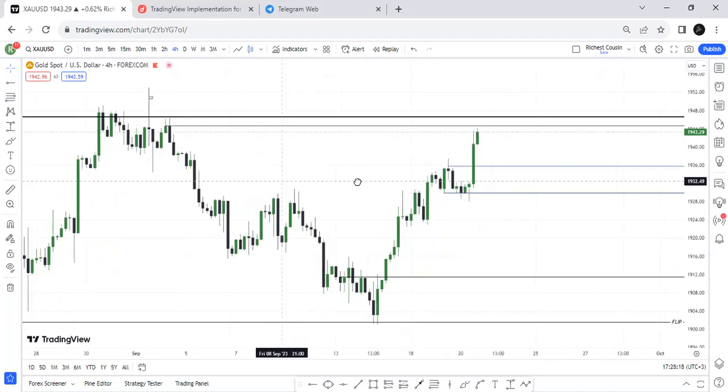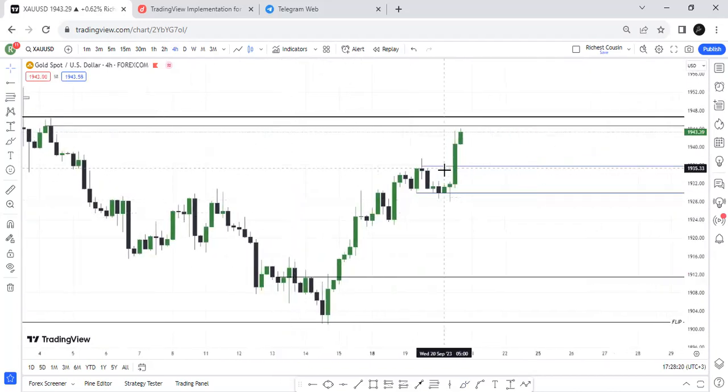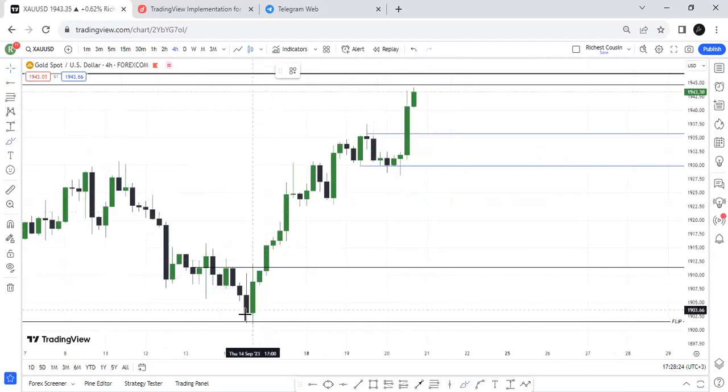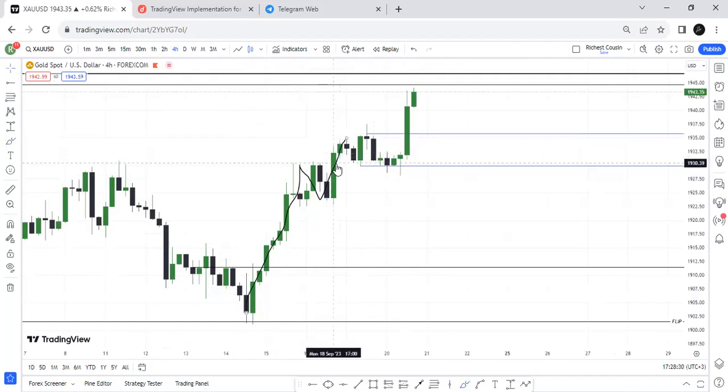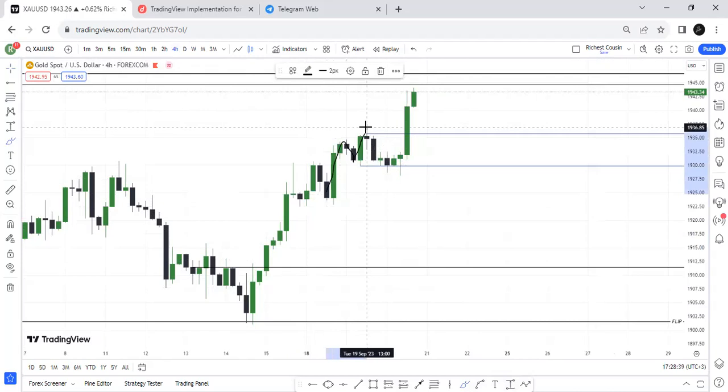A good example is this recent market right here. Price gave us high, low, high, and broke this structure high, so it verifies that we are bullish. Then it gave us this high, low, this high, and broke this structure high.